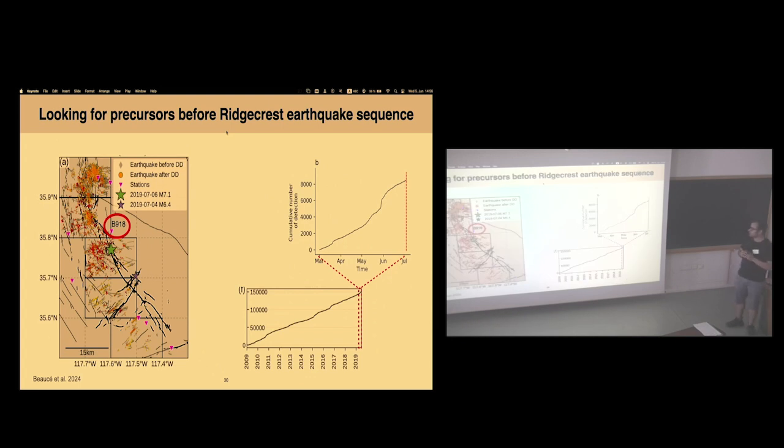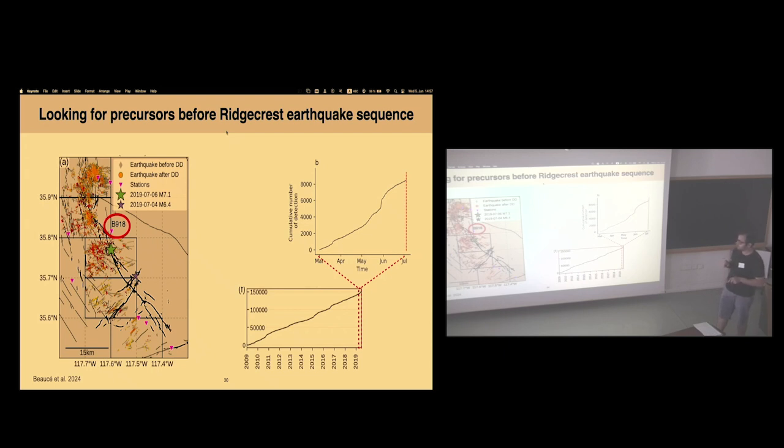Now we go to the Ridgecrest earthquake. Bose in 2024 used several seismic stations, and he applied template matching and back propagation methods to detect seismic events in this region.